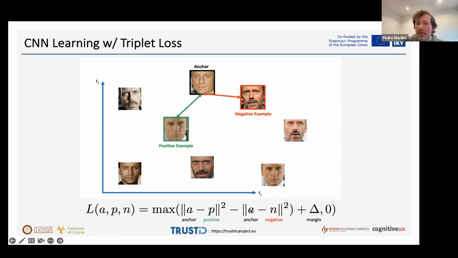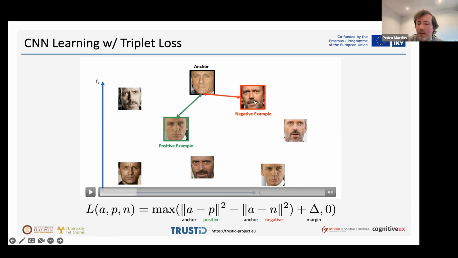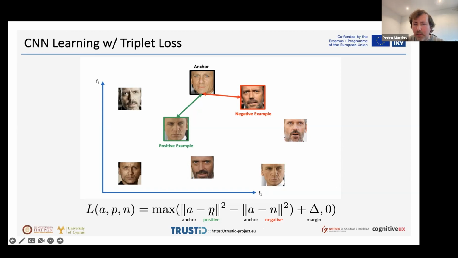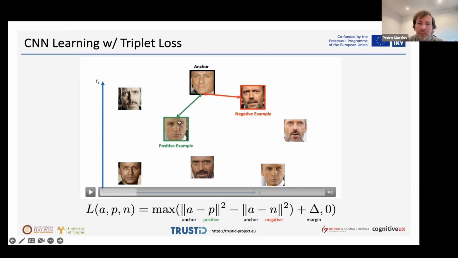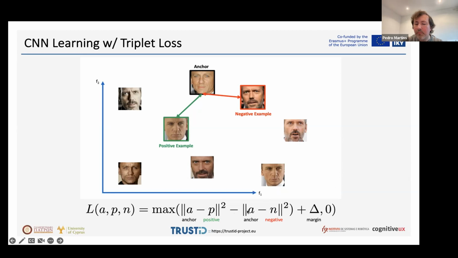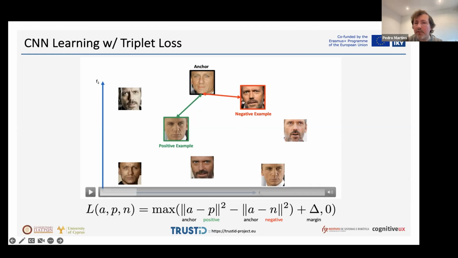And this part is the distance between the anchor and the negative. So by looking at the equation, we can see that the network tries to minimize this distance, so tries to approximate the positive to the anchor, while trying to move the negative away from the anchor.